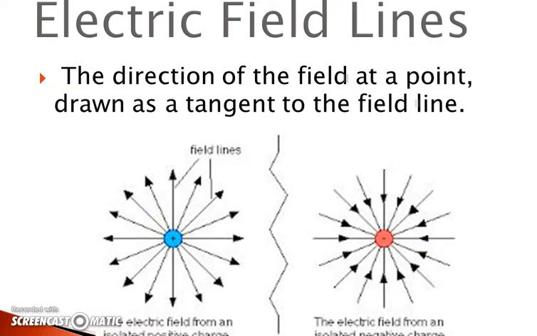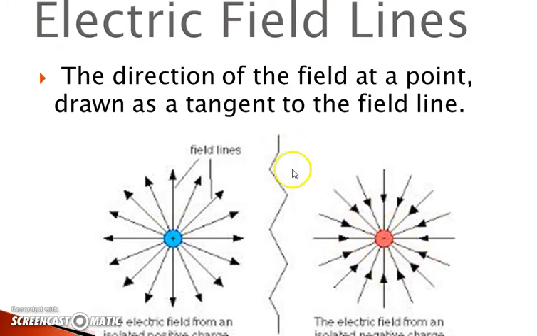And we have electric field lines, and it's the direction of the field at any point drawn as a tangent. So if we have a positive charge here, your field lines are going to go away from the charge. If you have a negative charge, your field lines are going to be drawn in toward.